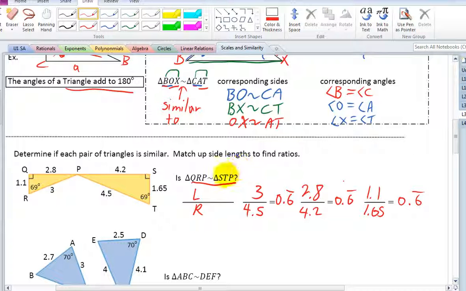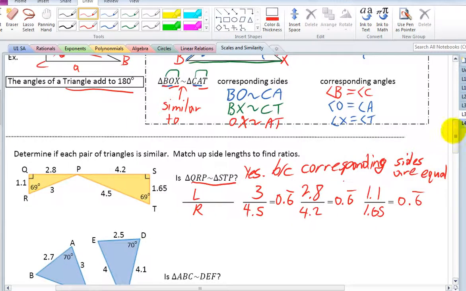So, are they similar? Yes, because corresponding sides make equal ratios. Now, truth be told, we didn't have to do that at all.